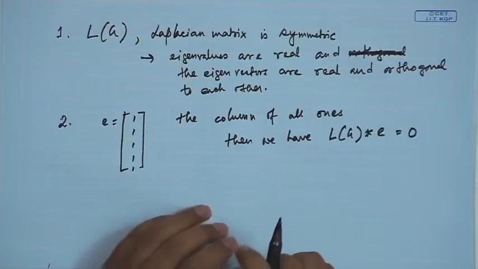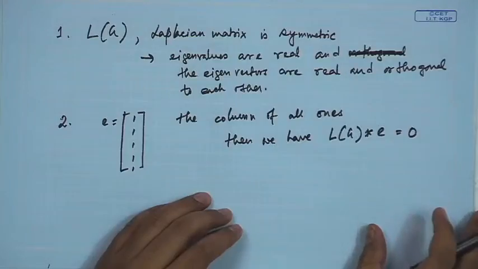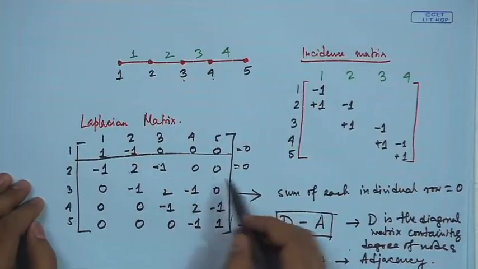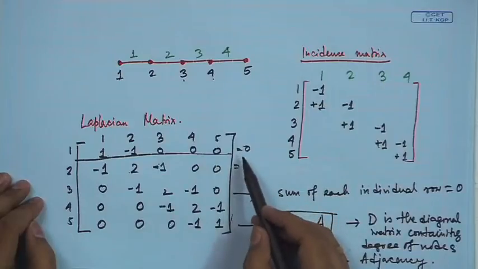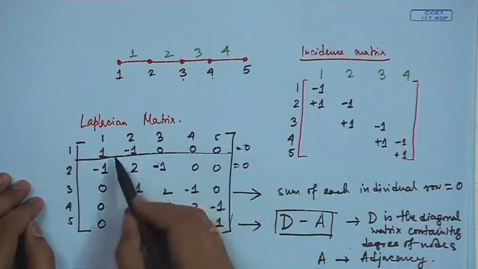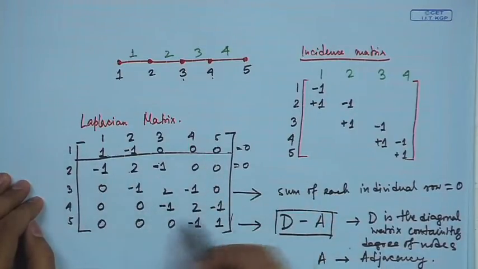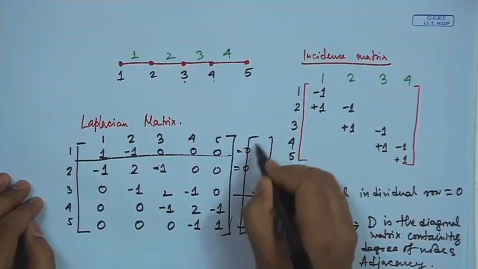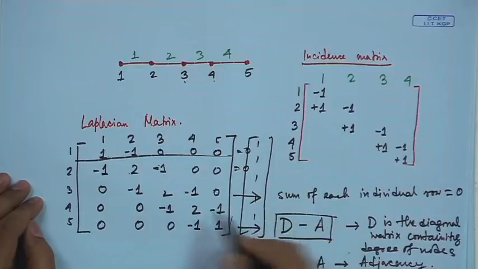So, why is this true? For instance, if you look at the previous example that we have seen, take this example. So, here as we have seen the sum of all the individual rows is equal to 0. Now, if you put a column vector of all ones, what will happen?